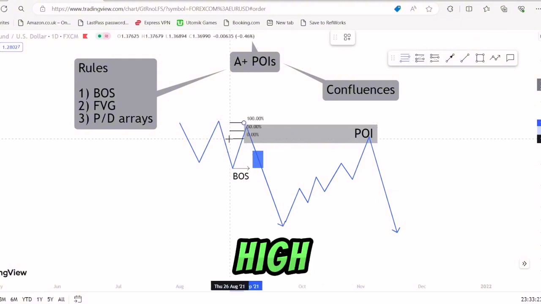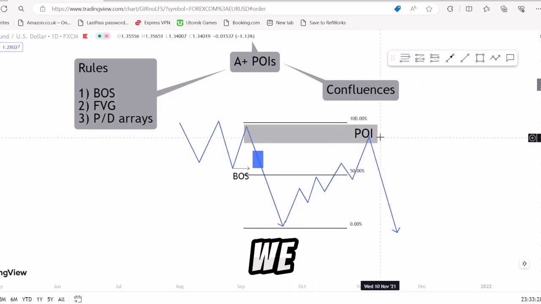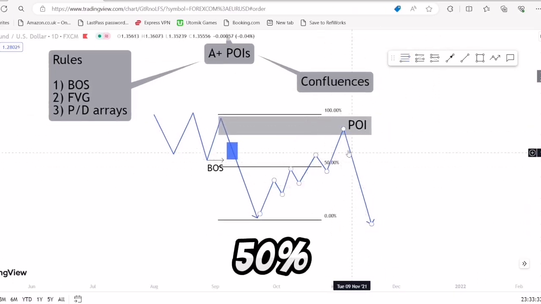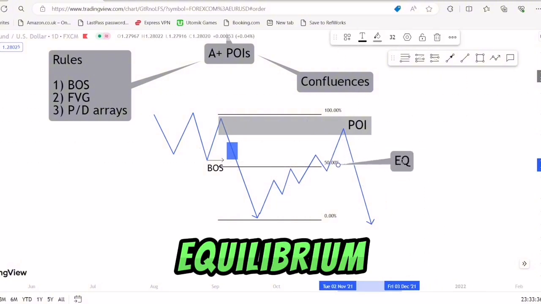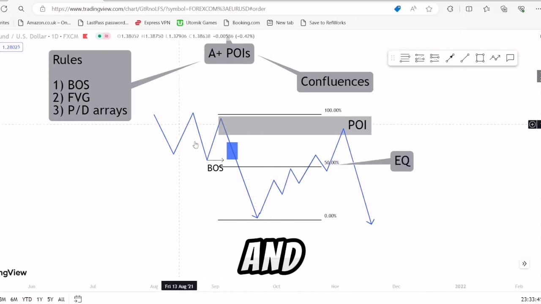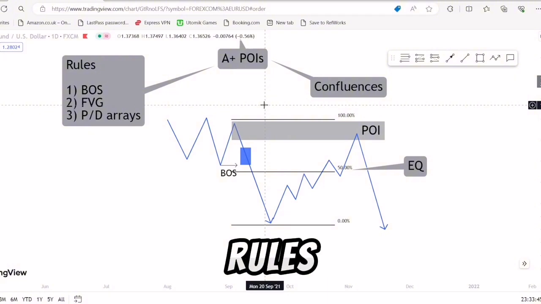Our structural high is up here and our structural low is down here, so our premium is above this 50% level. This 50% level represents the equilibrium in price, and it's very simply the midpoint between the swing low and the swing high.